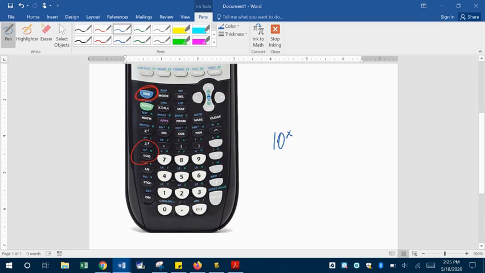So that's what we want to do. But then that's going to give you a negative number, and pH goes from 0 to 14. So then you really just have to make that number positive by hitting the minus key, which is what the second step says to do.